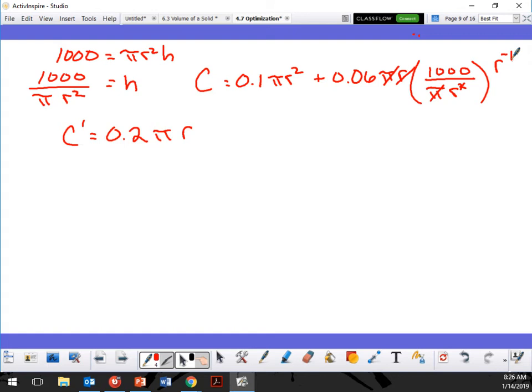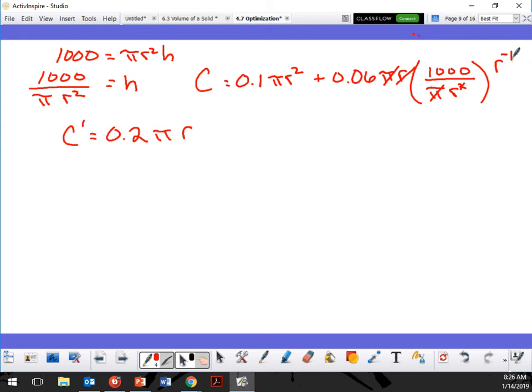Okay, so this is going to give me, let me see, what is 0.06 times 1,000? 60, right? It's going to be 60, so I have that part right here. So this is 60.